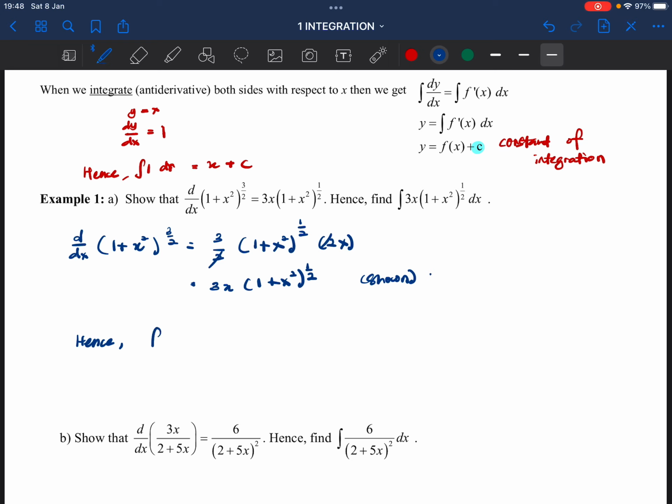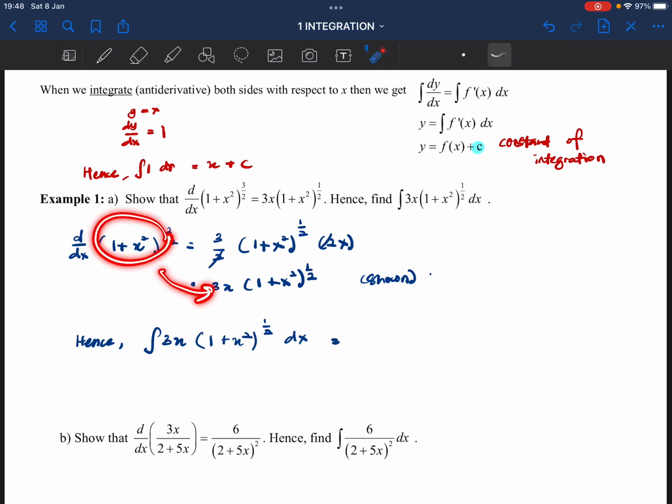We know that integrating 3x times 1 plus x squared power 1 over 2 with respect to x will get you, since differentiating this gives this, that integrating this will get you this: 1 plus x squared power 3 over 2.